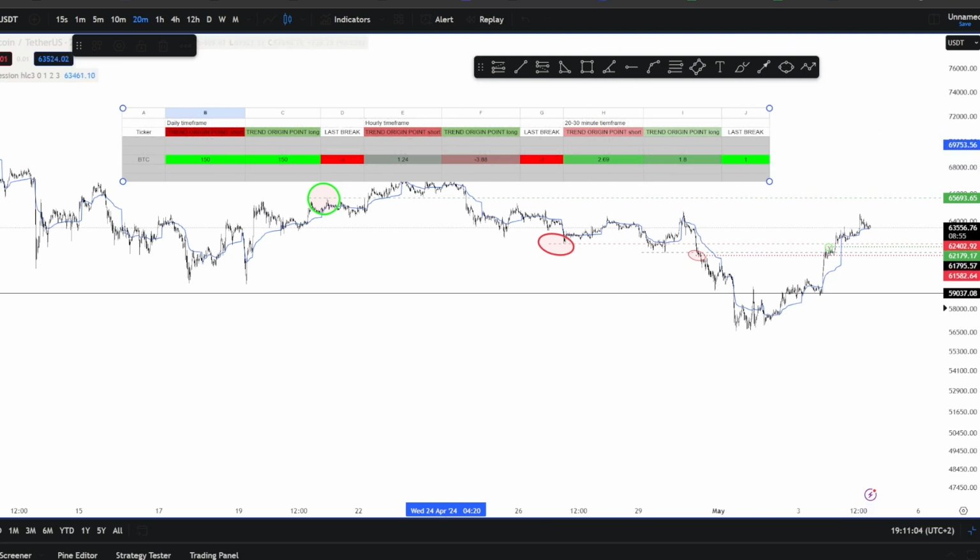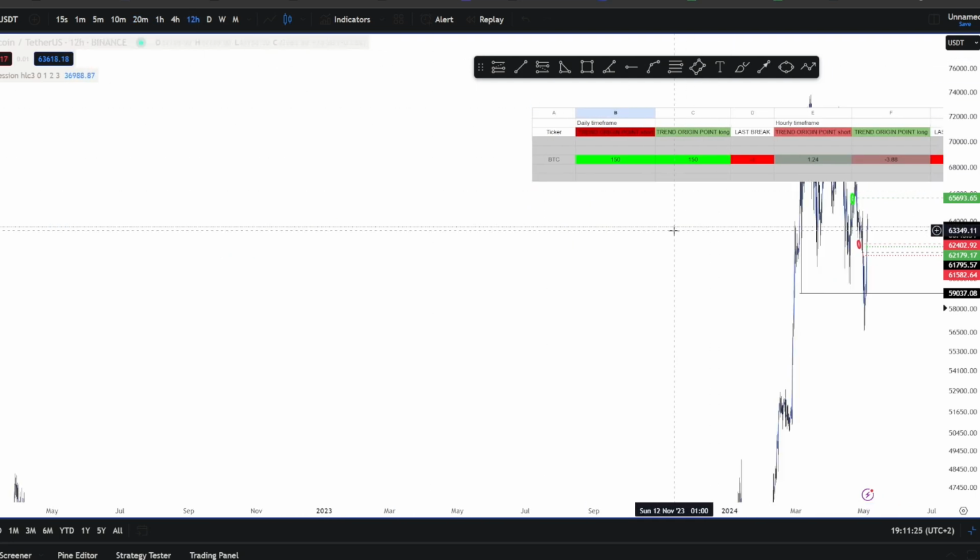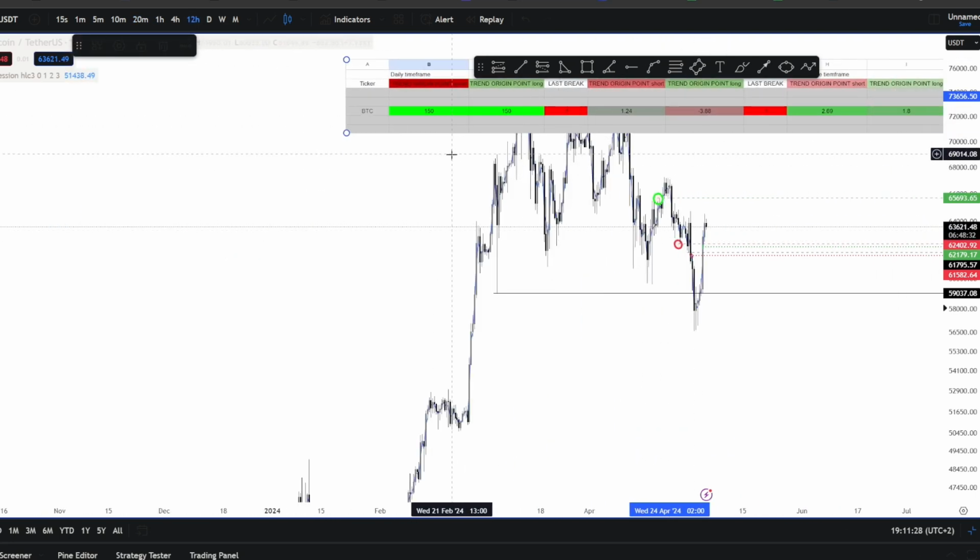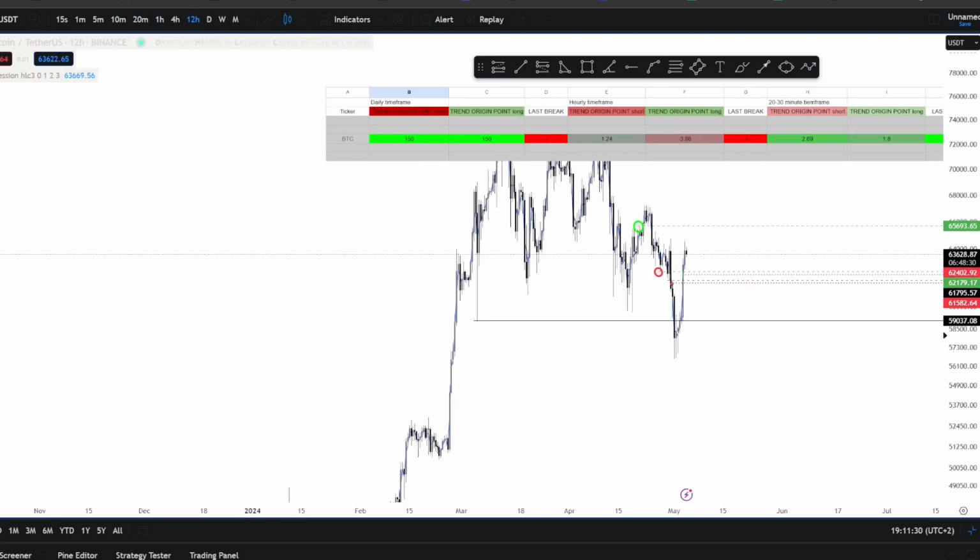The last part of the sheet analysis is to simply mark if the last break on the relevant time frame has been to the upside or downside, with 1 giving us green, break to the upside, and -1 giving us red. And we see on the big time frame it has been red to the downside.